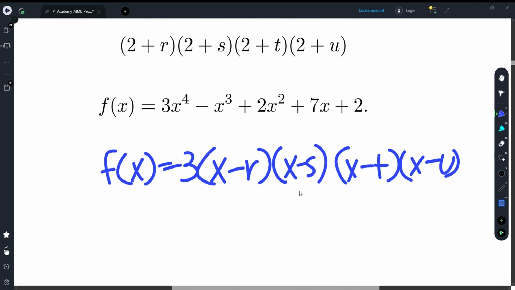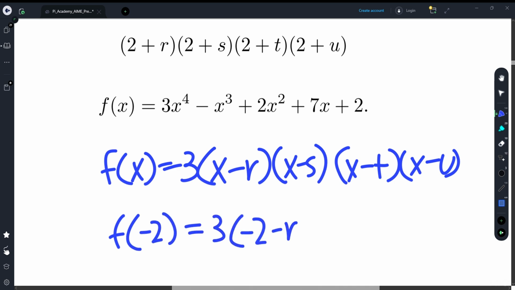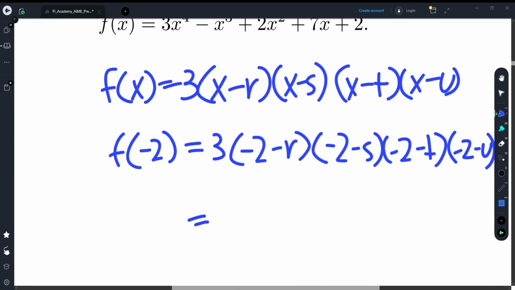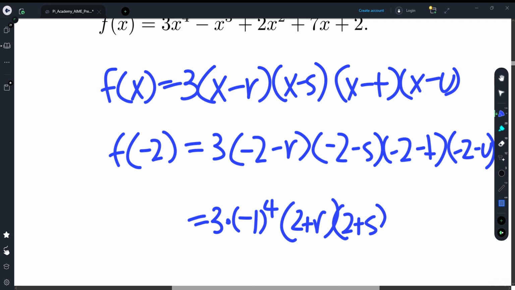And basically, plugging in negative 2 gives us this, and we can factor out a negative 1. And now we see this is the equation we want. It worked out perfectly.